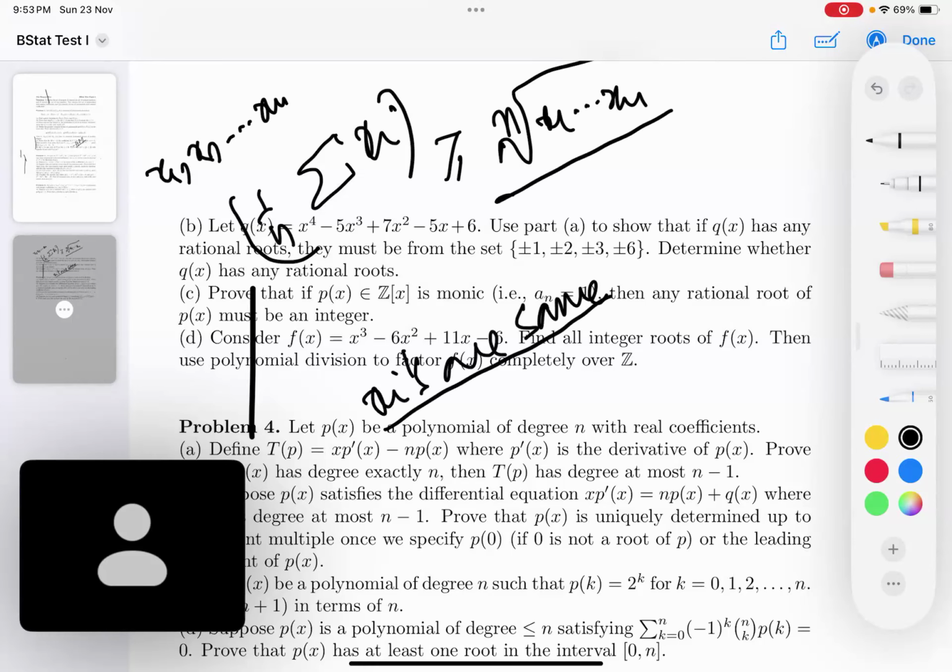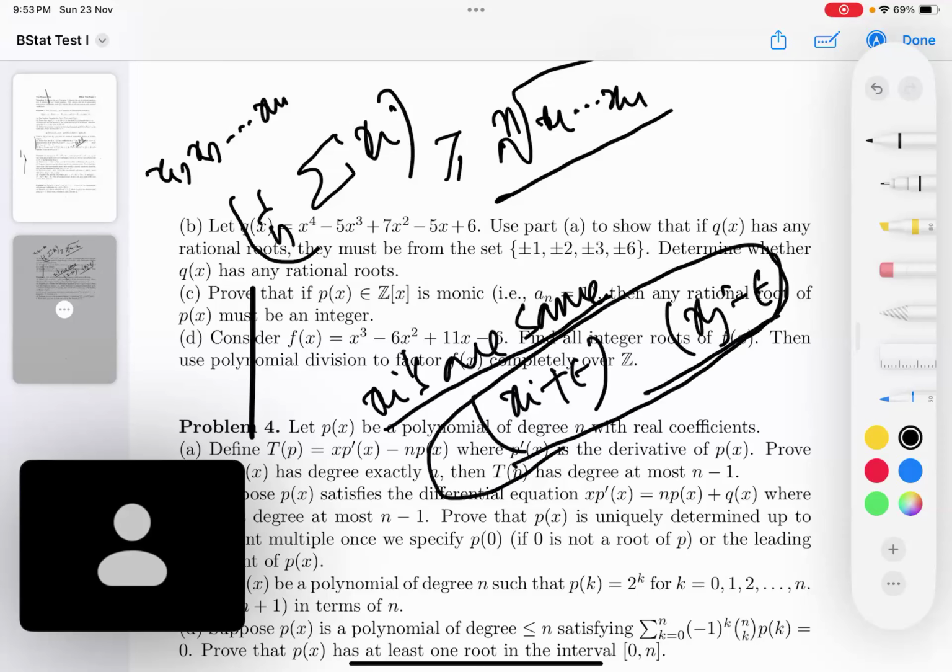So let's assume the moment we change some xi to xi plus epsilon and xj to xj minus epsilon, the arithmetic mean remains the same, correct? Yes, sir. But then what should happen to the geometric mean? It will decrease.